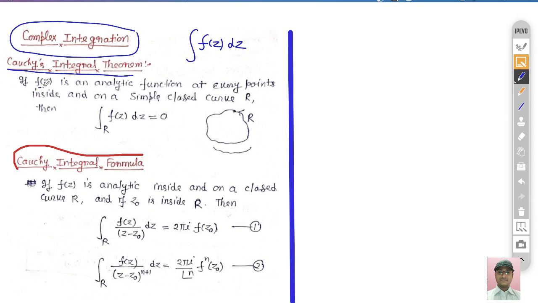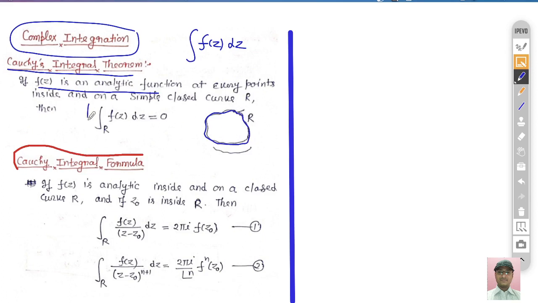So if f(z) is analytic, you have seen what an analytic function is. It is the first case: if f(z) is an analytic function at every point inside and on a simple closed curve C. Let's suppose this f(z) is analytic at every point of this region R, right?